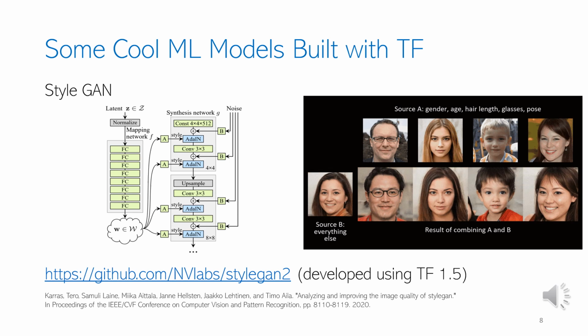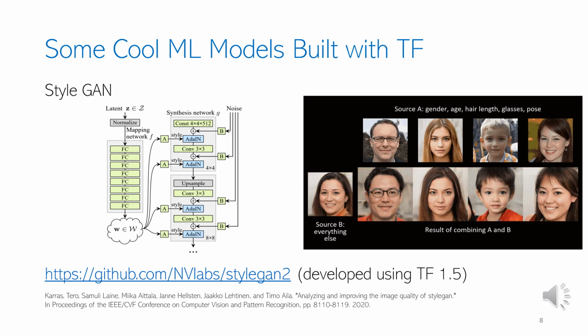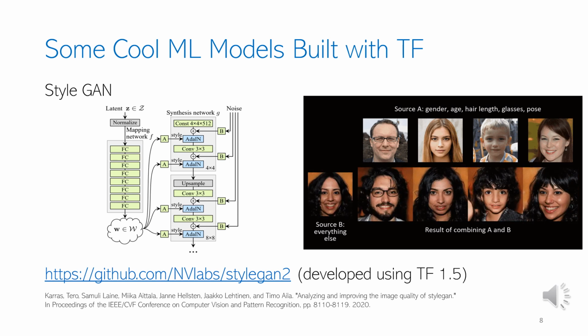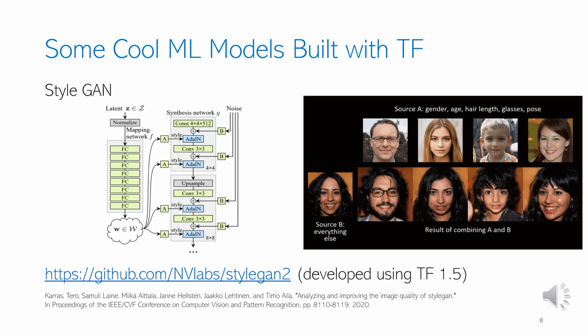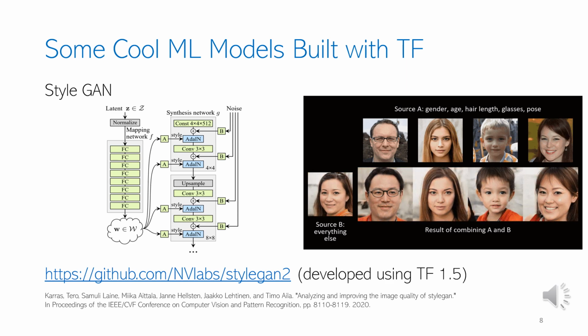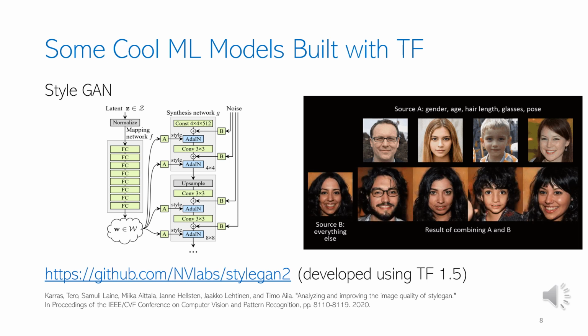A very famous model in computer vision and in generative models is StyleGAN. StyleGAN is a specific generative adversarial network that lets you control very high-level features and semantics of the generated image. And as you see, it's developed using TensorFlow version 1.5 by NVIDIA.